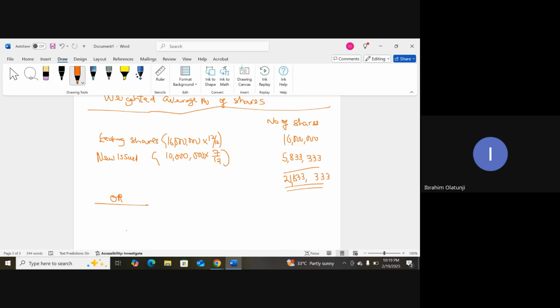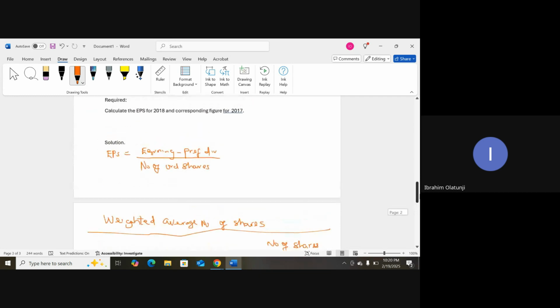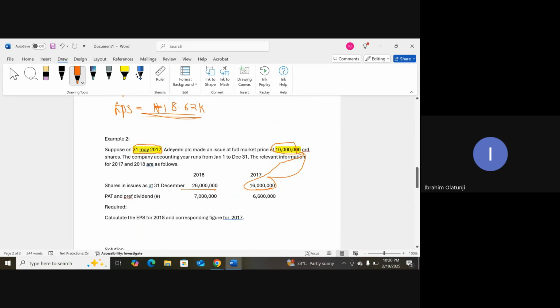Now, if I want to calculate the existing share before the new issue, my existing share before the new issue. Let me check. This is my existing share before the new issue.